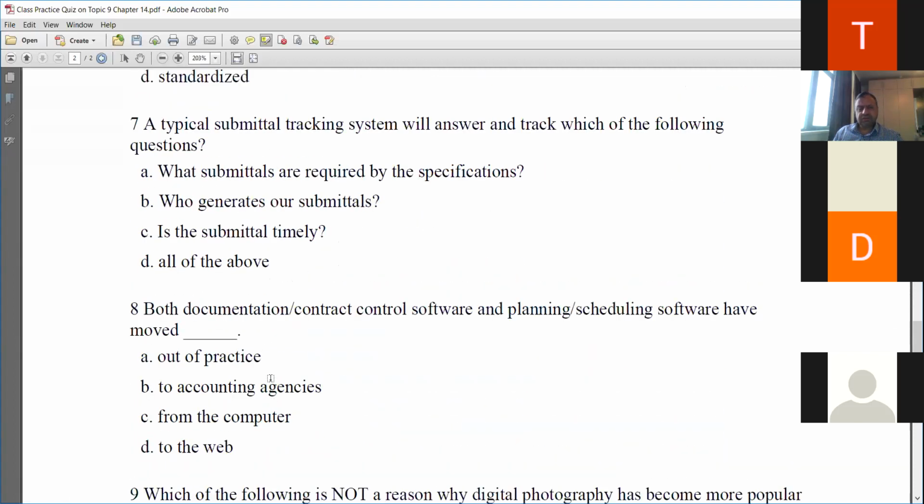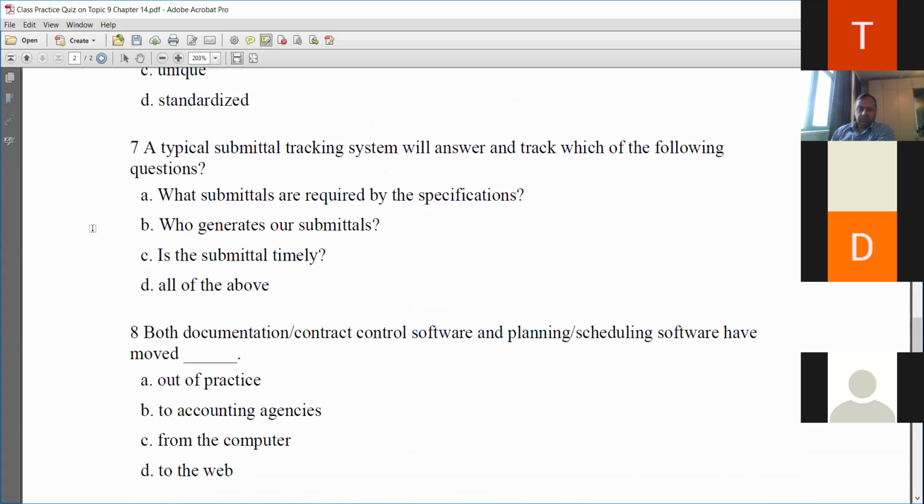Next is: a typical submittal tracking system will answer and track which of the following questions? All of the above. So you said all of the above.